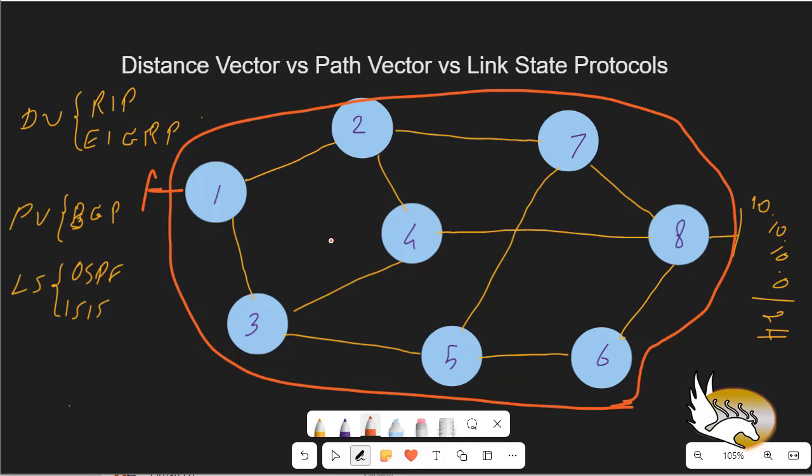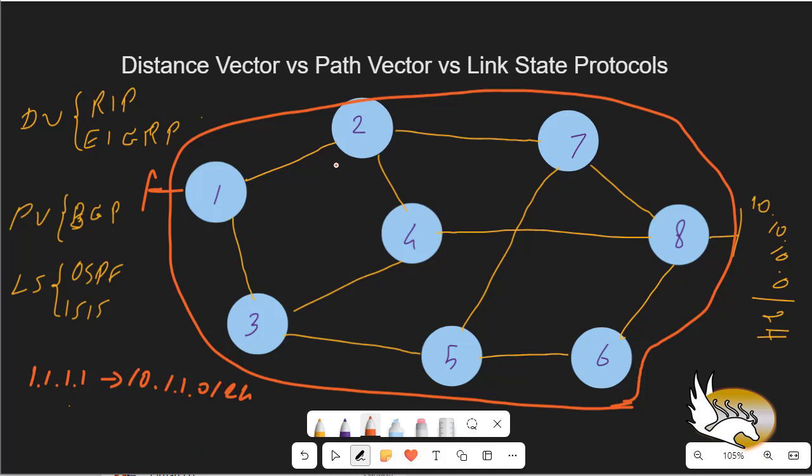So if I check the database here, what I'm going to see is this. Router 1 is going to say, okay, my ID is 1111. You should know that I am connected to network 10.1.1.0/24. So this information is going to be sent to all routers.